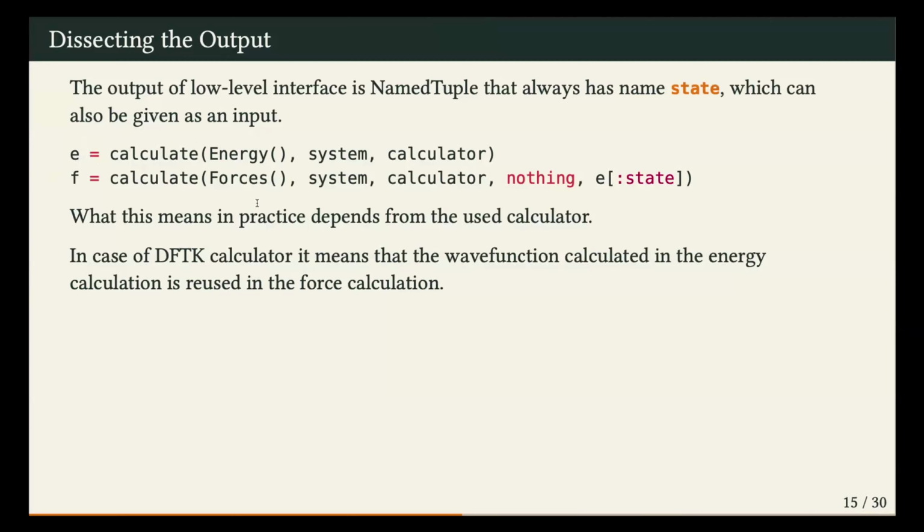It includes the wave function. So now you just put in the wave function for the energy forces calculation, and there it uses the existing wave function to do the forces calculation, which is much faster than calculating the wave function again. So that's the idea of how this state can be used. This allows some flexibility with the calculations in the background.